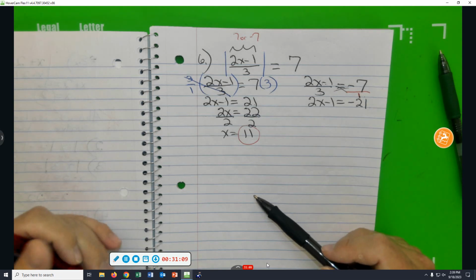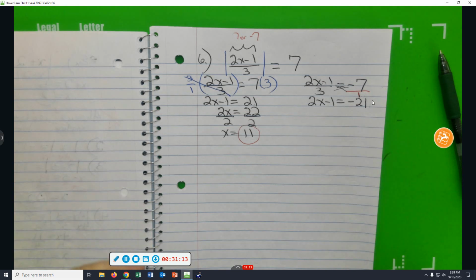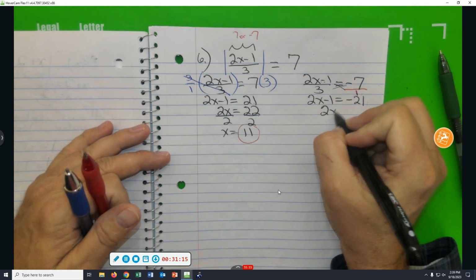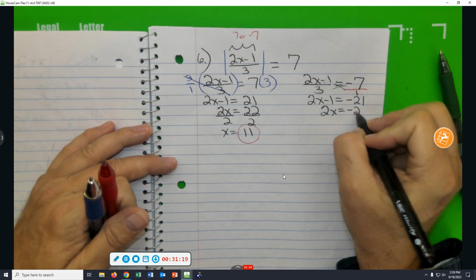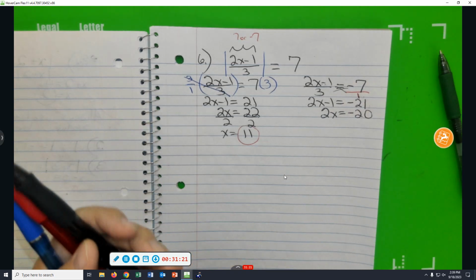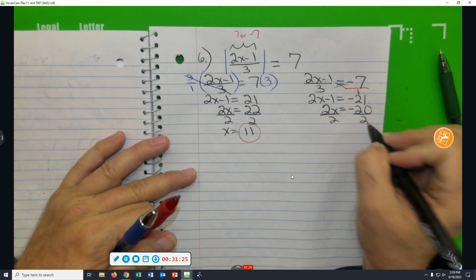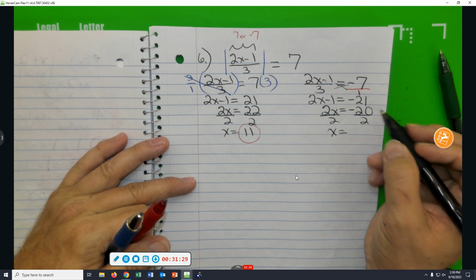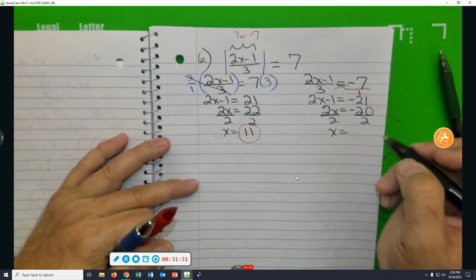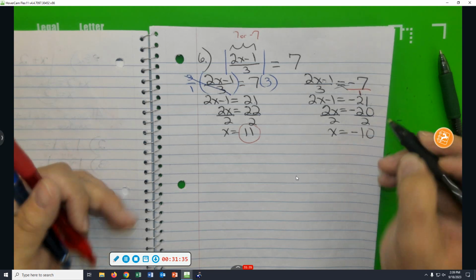And then what will I do? Add 1 to give me 2x equals negative 21 plus 1 is negative 20. And I divide by 2 to give me x equals negative 20 divided by positive 2 gives me negative 10.